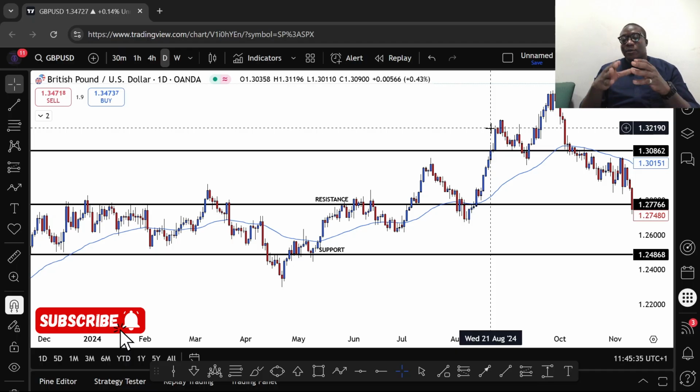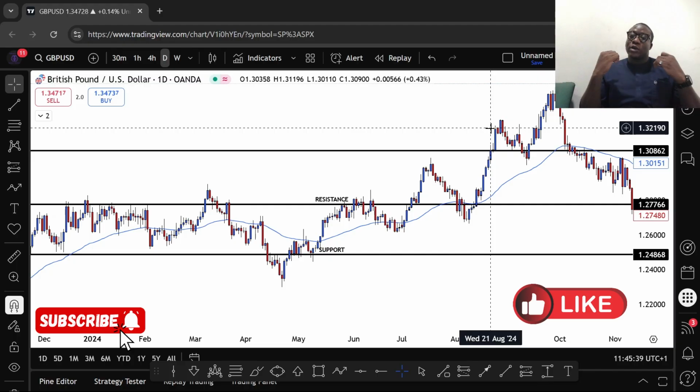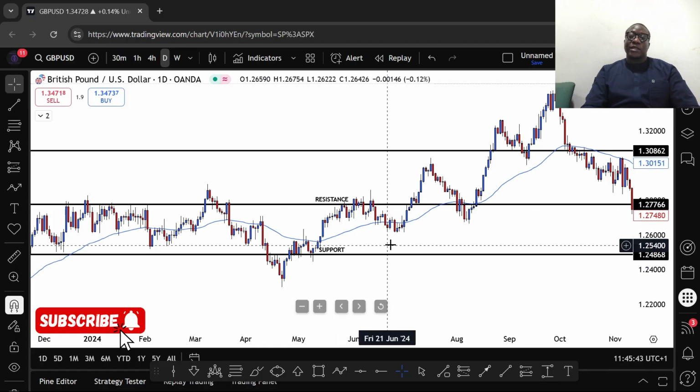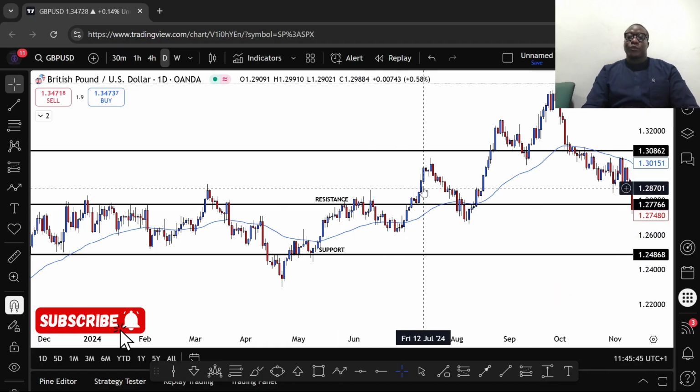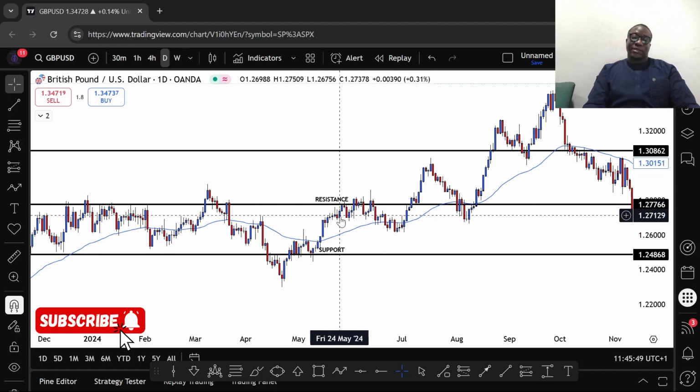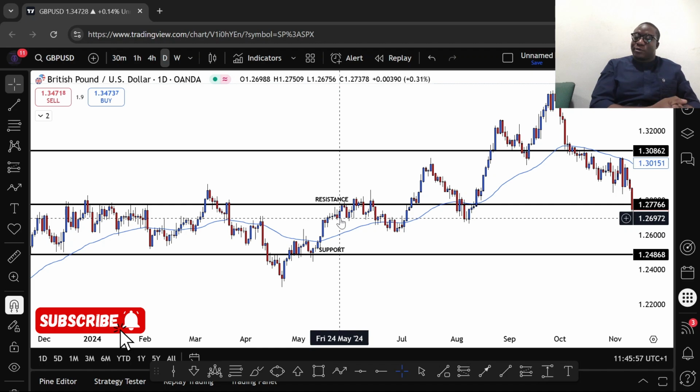So what I'm saying is that you should always have an open mind when you put on the chart. Don't say because the market broke above the resistance, that means the resistance does not have any use again. Yes, the market just invalidated that resistance, but at the same time, that resistance is also now a new support.